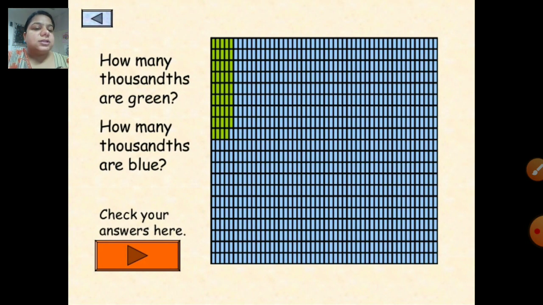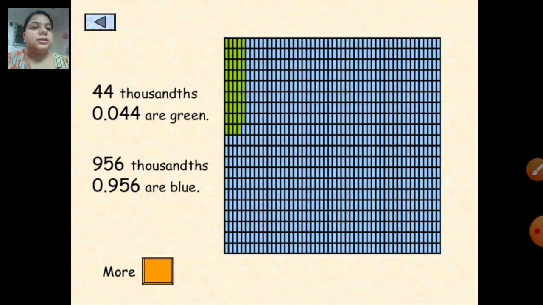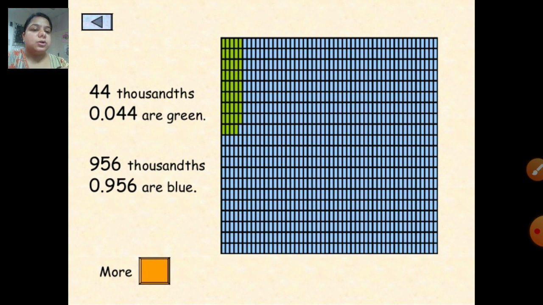Again, these are the 1000th parts. Green color, how many squares are green? There are 44 small squares, so 44 thousandths. Now just take care how to write it in decimals. 44 thousandths will make 4 hundredths and 4 thousandths, so it will become 0.044, right?